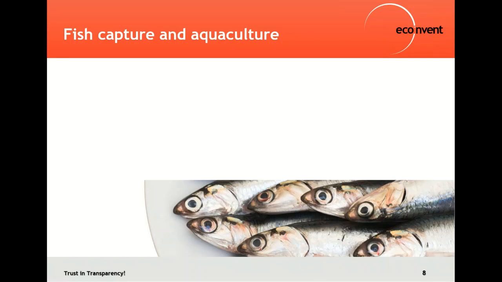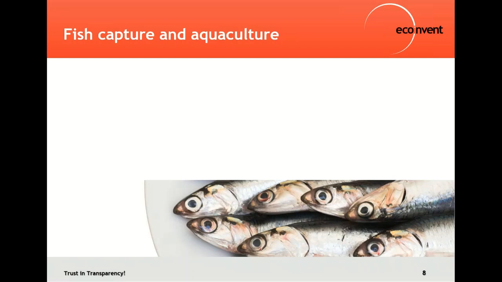So now we are publishing new datasets related to anchovy, hake, and tuna capture. And on the side of aquaculture, we are publishing data related to trout and tilapia aquaculture. The geographical location is primarily Latin American.